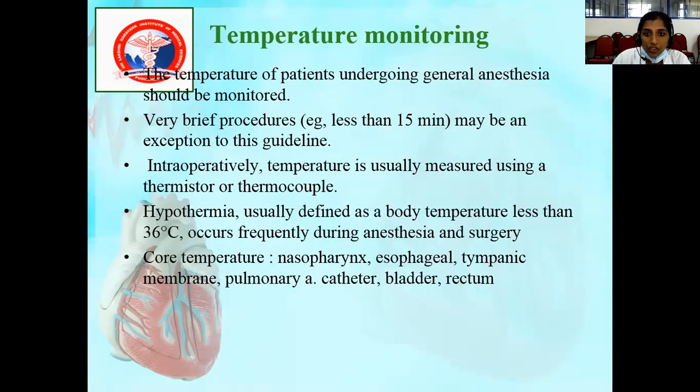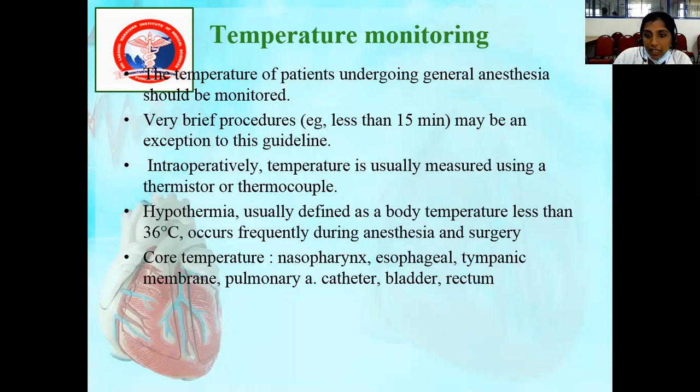Then temperature, as I told you, is very, very important. It is in fact included in the ASA basic monitor now. Hypothermia is defined as a body temperature less than 36 degrees Celsius, which is very frequent during anesthesia and surgery. Usually in a short duration procedure, like less than 15, 20, 30 minutes, it's okay. But beyond that, temperature monitoring is very important. So we can measure the core temperature at what all sites?